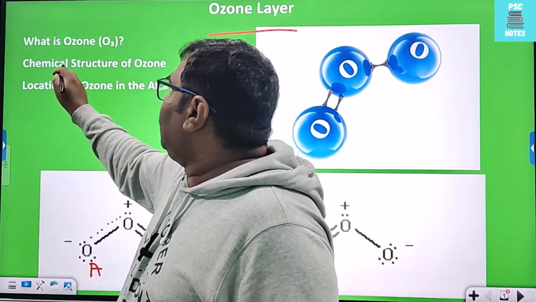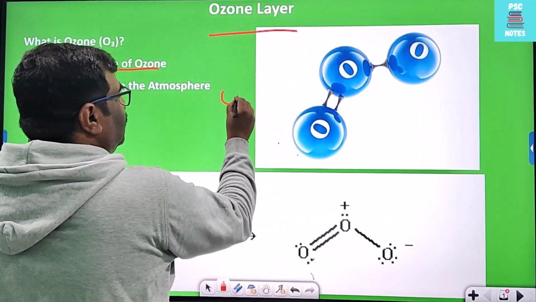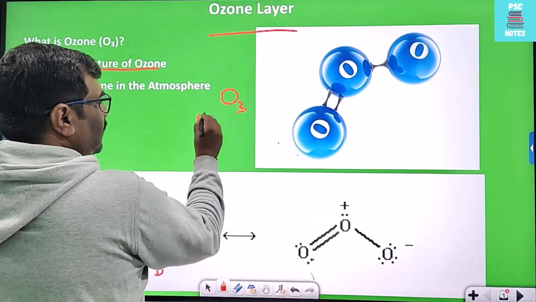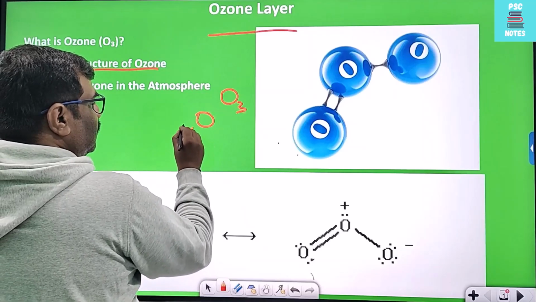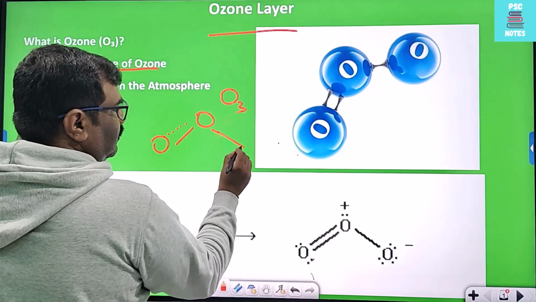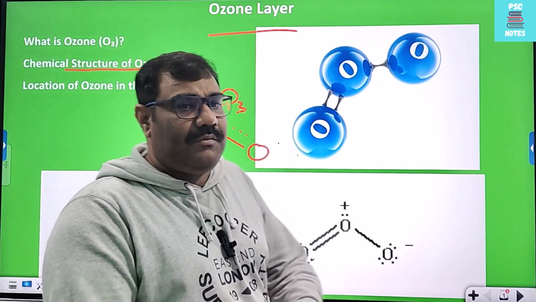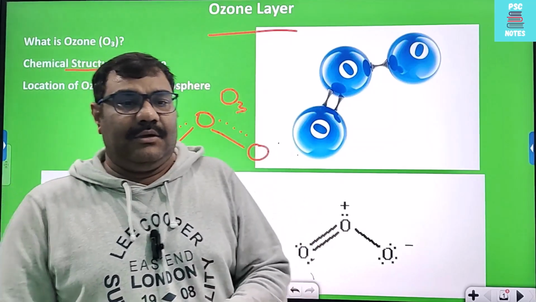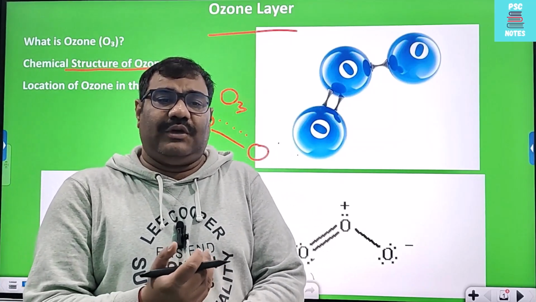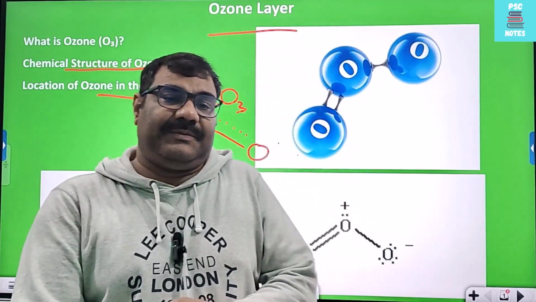So now we know the chemical structure of ozone. It is O3. The ozone is located in the stratosphere.